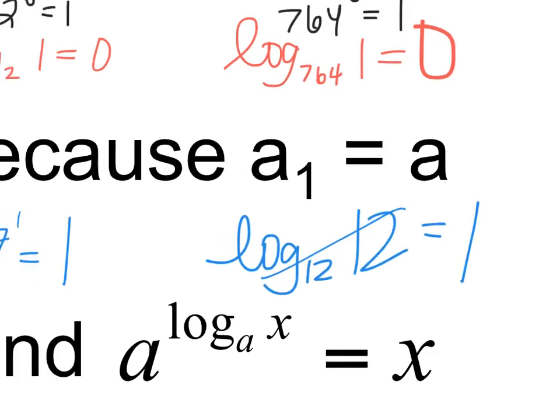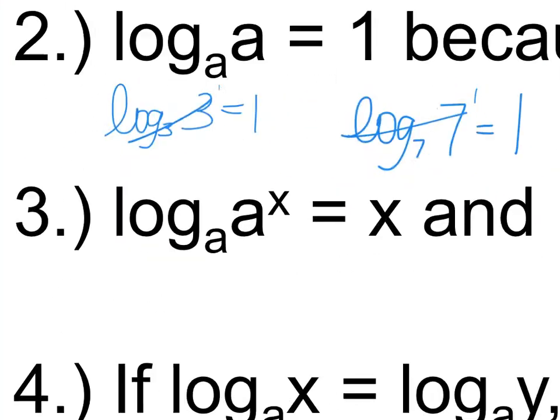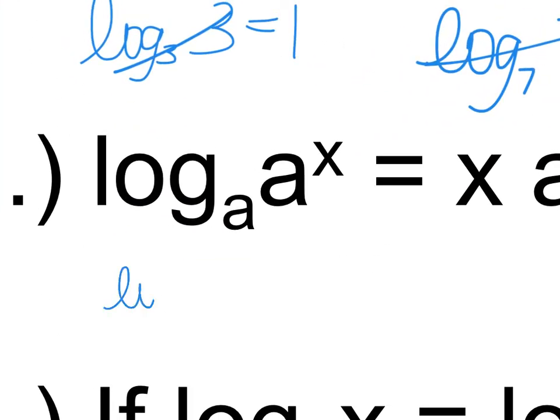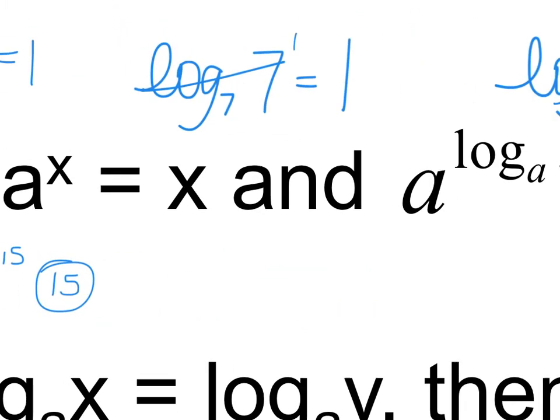Make sense? All right. If I have this as an example, log base 13 of 13 to the 15th power. What happens with log base 13 to 13? It cancels out. What's my answer? 15. If I have log 4 of 4 to the 3rd power. Okay, what does it become?